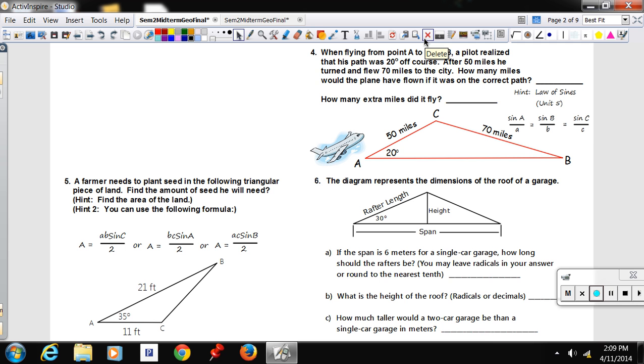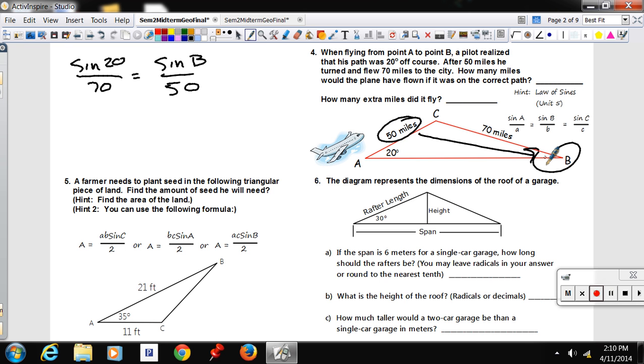Now you've got to use the 20 degrees and the 70 miles. Here's your law of sines. It's on your test. So you're going to put sine of 20 over 70 equals sine of B over 50. You've got to use this one right here because they gave you this 50, which matches up to the B. You've got to find the B first. When you solve this, you get sine of B equals 0.2443, I believe, in your calculator.